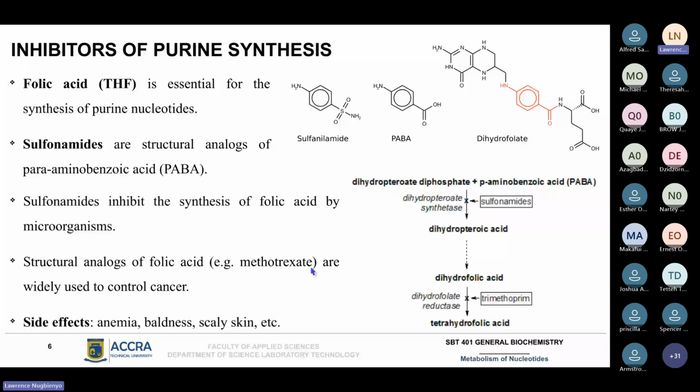So that then results in some conditions of anemia, the loss of hair, some disorders of the skin, like some scaly skin, because it affects those normal cells as well. So you see these as side effects occurring from chemotherapy. Right.